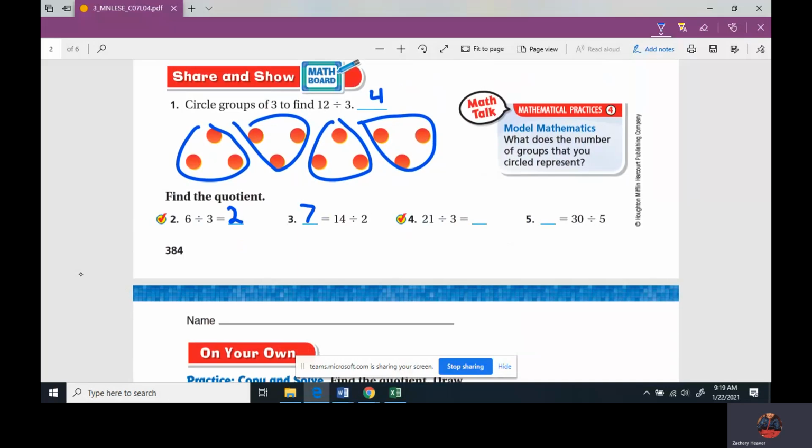Brett, 21 divided by 3 is? Huh? Use your multiplication chart. 7. And Jackson, 30 divided by 5 is?